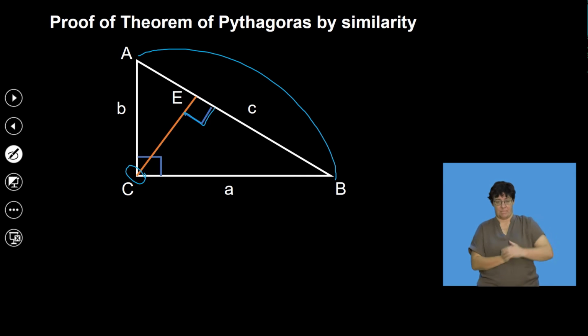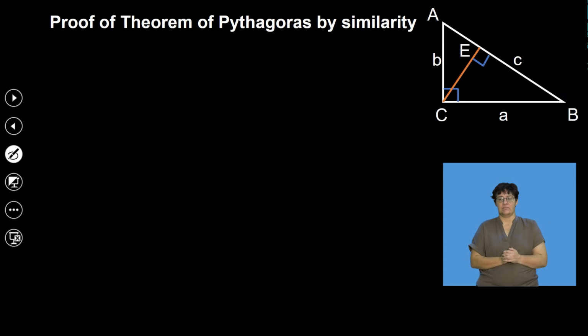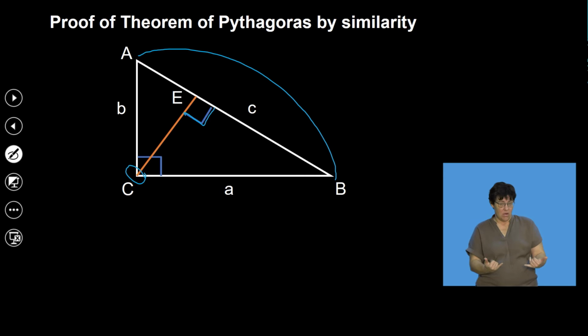And then the condition here will then be, we then need to try and prove that this triangle AEC is similar to the bigger triangle, which is ABC. And also prove that the triangle ECB is similar to the bigger triangle ABC, right? So what am I trying to say?